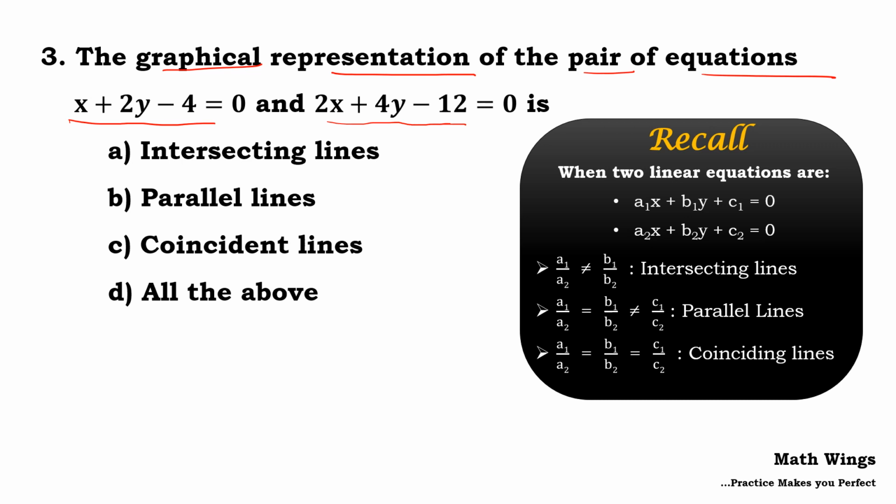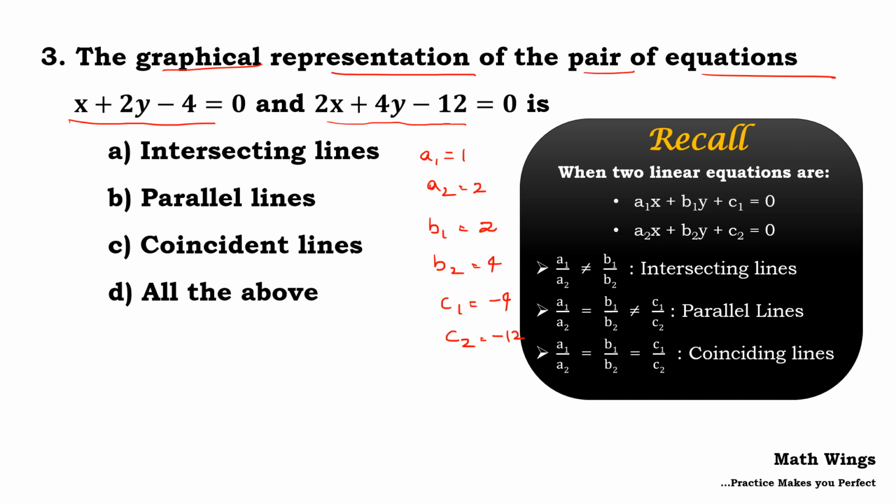So observe here what all we have. We have a1 = 1, a2 = 2, b1 = 2, b2 = 4, c1 = -4 and c2 = -12.